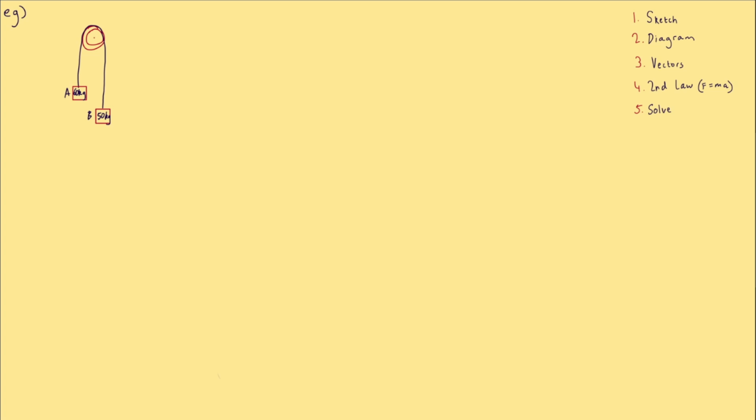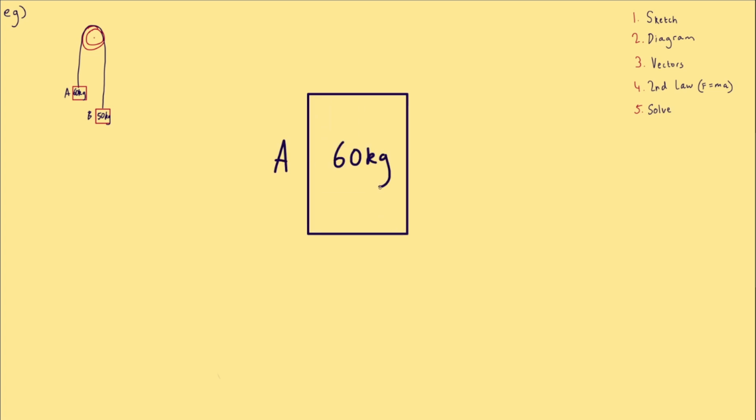Again here, I shrunk down our diagram so that we can focus. We're going to take the same approach as always. We're going to draw a free body diagram for both objects. Let's start with water bucket A. Water bucket A, we know, is 60 kilos, and there are two forces acting on it. We have the tension of this part of the string here, and we also have gravity, which is the mass of A multiplied by g.